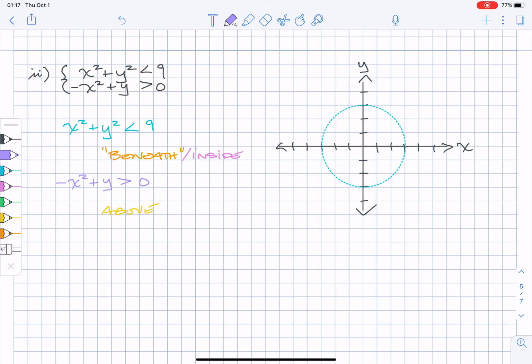Which actually, I didn't solve for this. Wow, I must really be out of it. Okay, so this gives us y is, pardon me, y is strictly greater than x squared. So that's just our regular parabola centered at 0, 0.